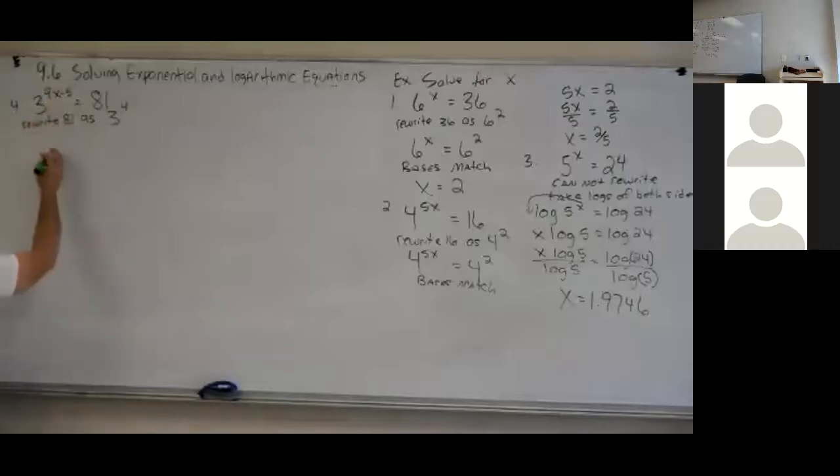So we get 3 to the 9x minus 5 equals 3 to the 4th. Y'all see what's going on now. My bases are going to match. So since the bases match, I know that 9x minus 5 has to equal the 4.